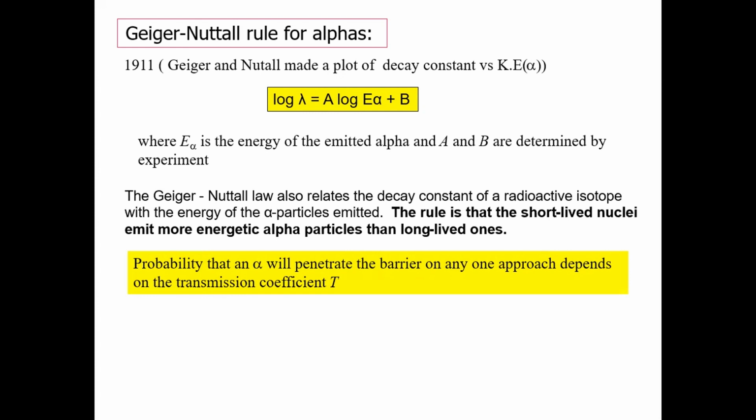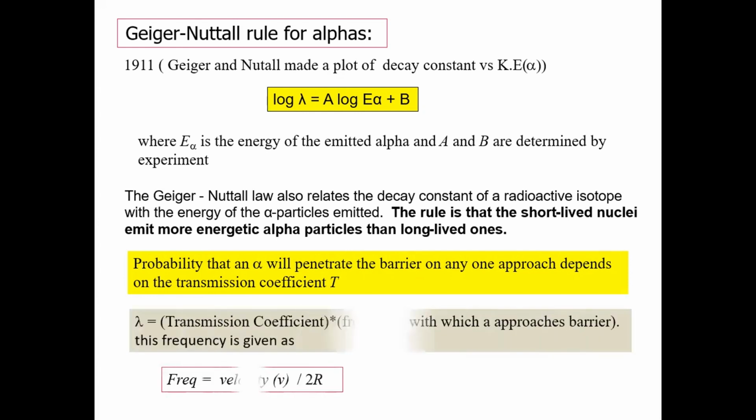So the rule is that the short-lived nuclei emit more energetic alpha particles than the long-lived ones. The probability that an alpha particle will penetrate a barrier on its approach depends on the transmission coefficient, and the transmission coefficient multiplied by the frequency with which the alpha particle approaches the barrier is equal to the decay constant.